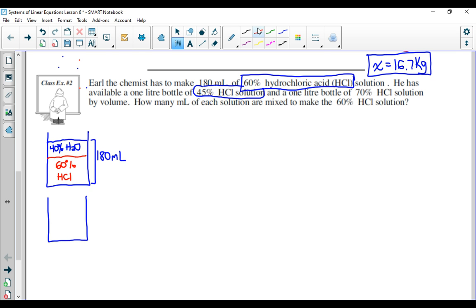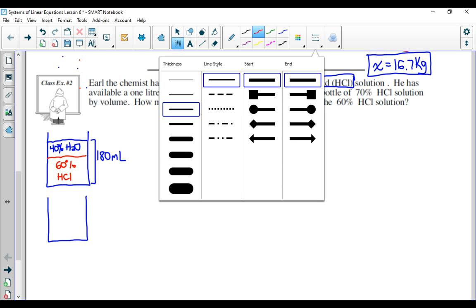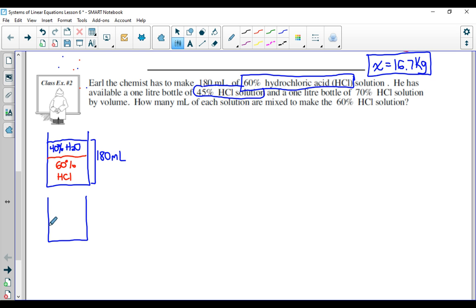Okay, 45% hydrochloric acid solution. So you have a little bit left. A little bit less, I should say. Okay, so you've got 45% HCl. Now, this solution would have more water in it. So if it has 45% hydrochloric acid, it would have 55% of water.